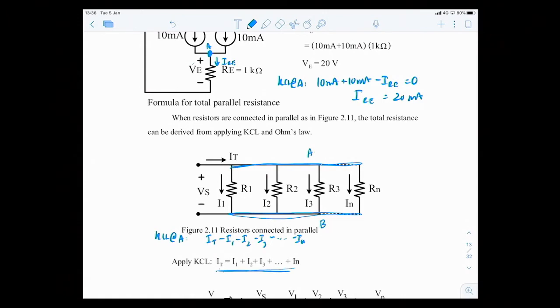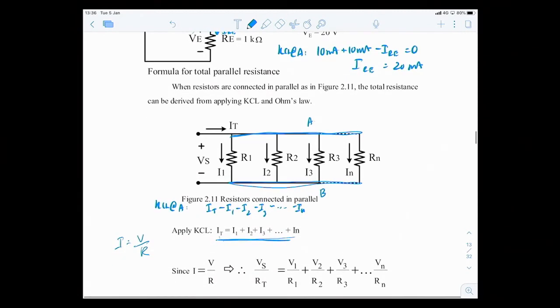The only tool is Ohm's law: I equals V over R. I total is the total current that has to feed all the R's connected to it, and the source itself pushes all these electrons from Vs. So I total is Vs over R total.